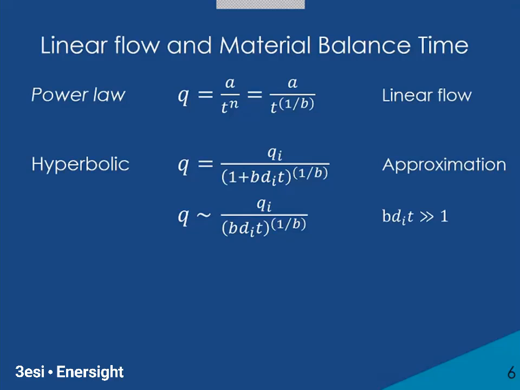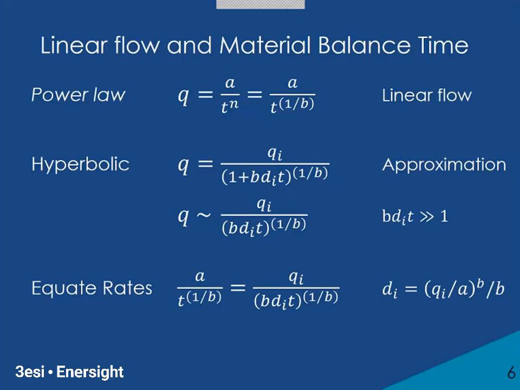We still have a problem, though. With the power law equation, we have two unknowns. With the hyperbolic equation, we've got three unknowns. We've got too many unknowns to get a straight line using a modified hyperbolic equation. We have to reduce the number of unknowns, and we do that by equating those two equations and solving for one of these terms in terms of a relationship to another one.